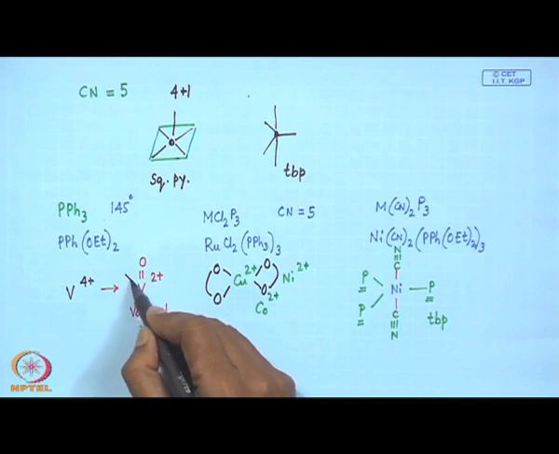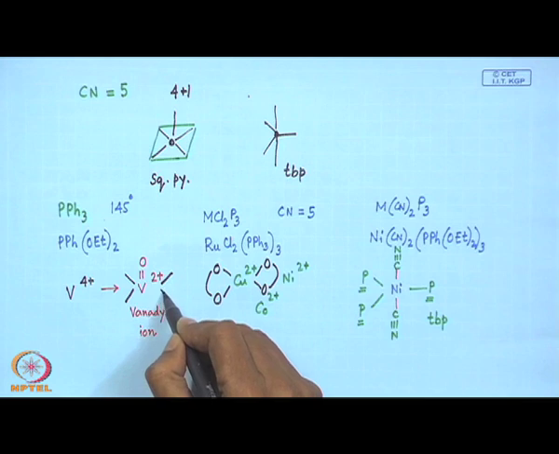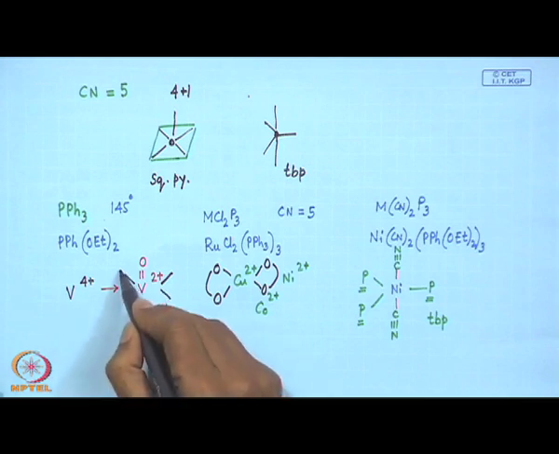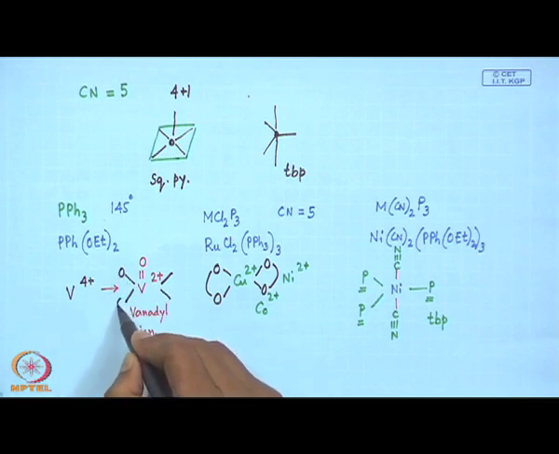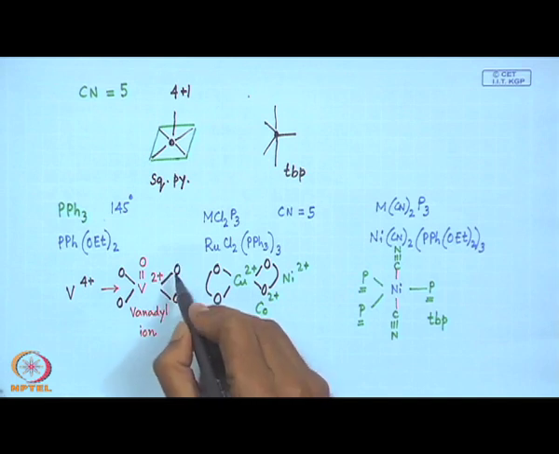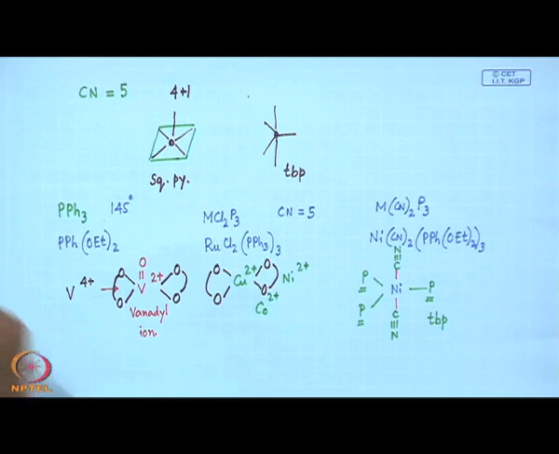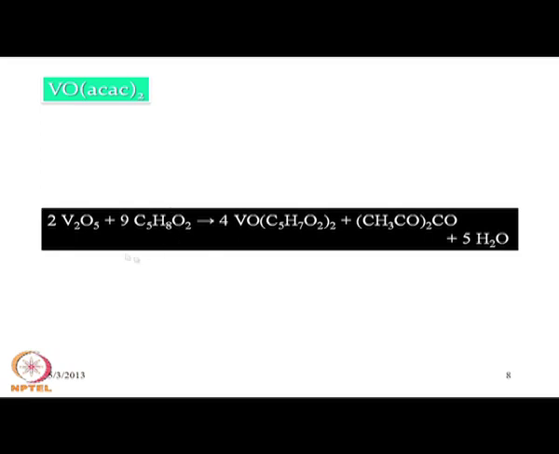If the same vanadyl ion can bind in a similar fashion with the 4 oxygen atoms of 2 acetylacetone molecules, we get the corresponding VO(acac)2 molecule, which can be directly obtained from vanadium pentoxide.